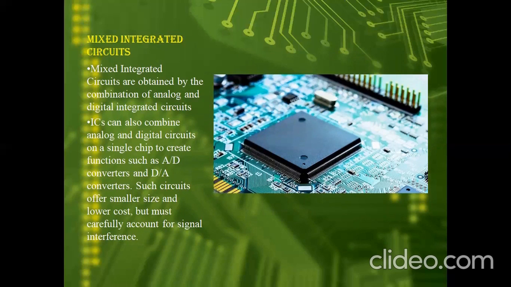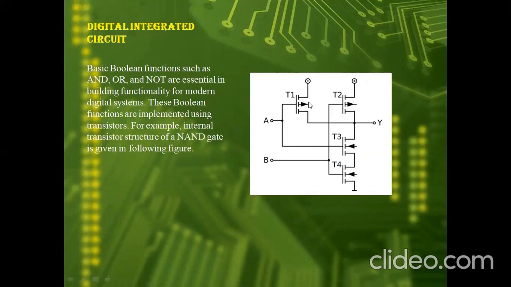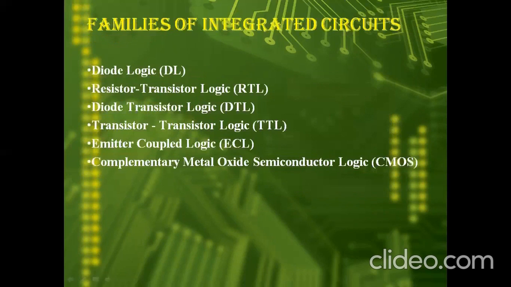In that case, we prefer mixed integrated circuits. These ICs can combine analog and digital signals on a single chip. The construction will act like a NAND gate. Just compare it with the truth table of the NAND gate and you can demonstrate it by yourself.